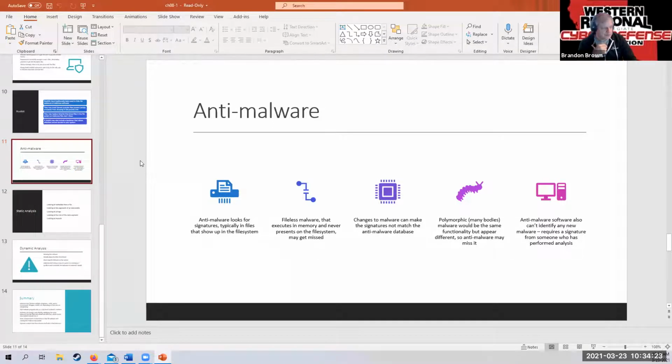Anti-malware. Okay, we talked about antivirus, and this is the next evolution of it, anti-malware. There's just a wide world of products out there that combat this. Which one's the best? Which one's the cheapest?